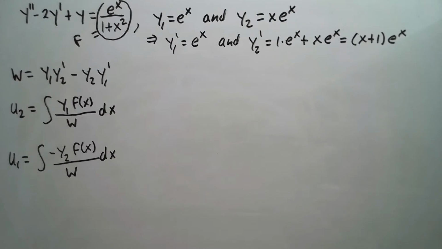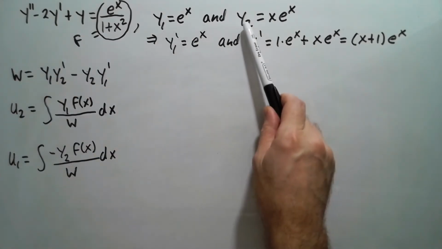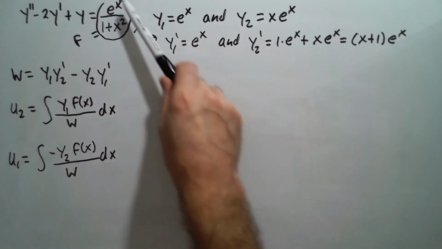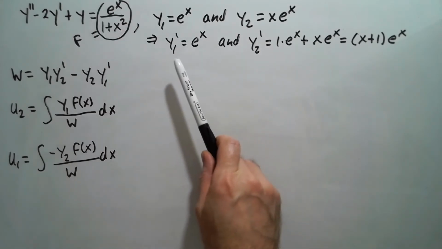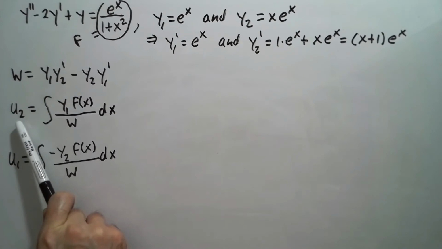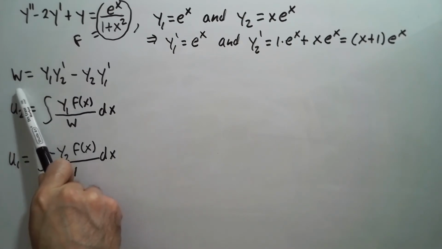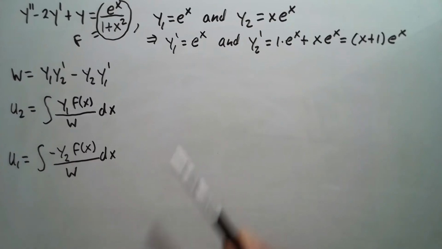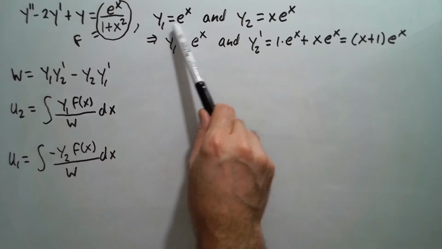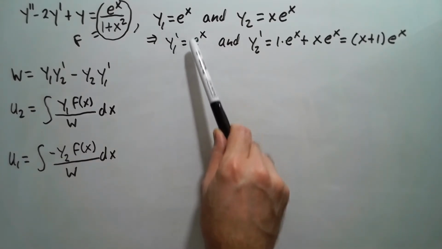Okay, so summarizing, here's our differential equation we're trying to solve, and here are y1 and y2, which were the solutions of the homogeneous one, when it was 0 on the side. And here are the formulas for finding u2 and u1. We also have to find the Wronskian w. My y1 is e to the x, so the derivative of e to the x is itself.